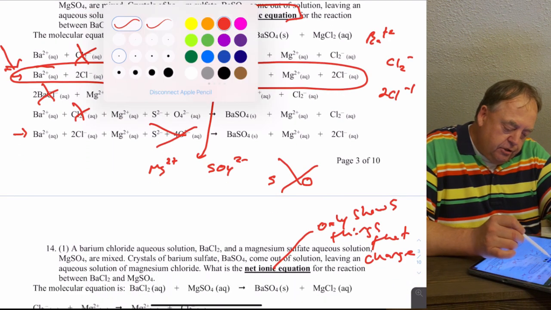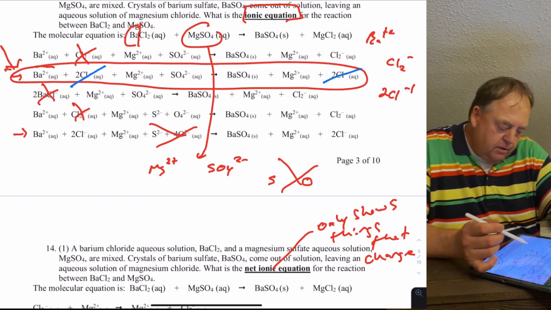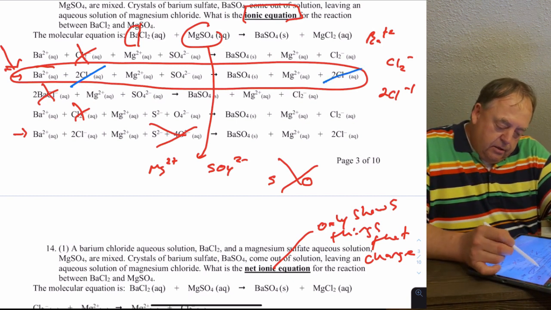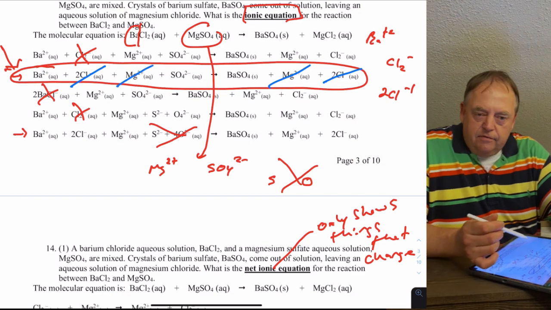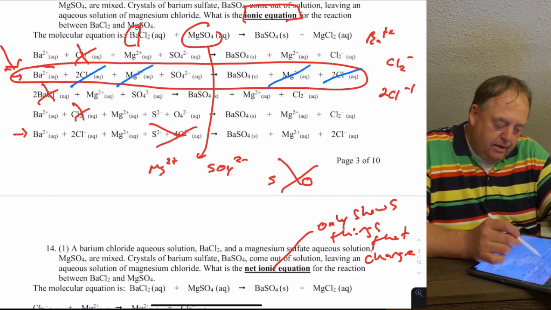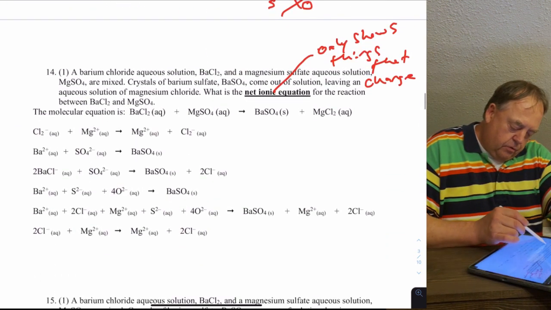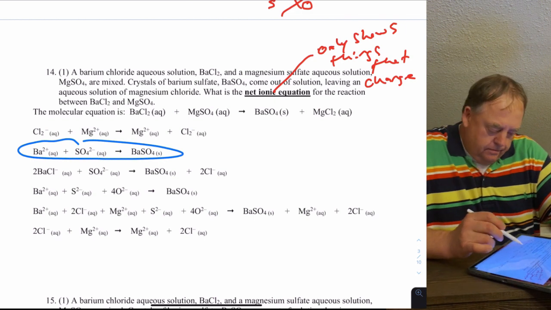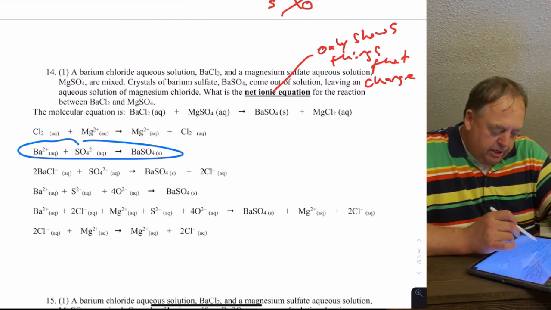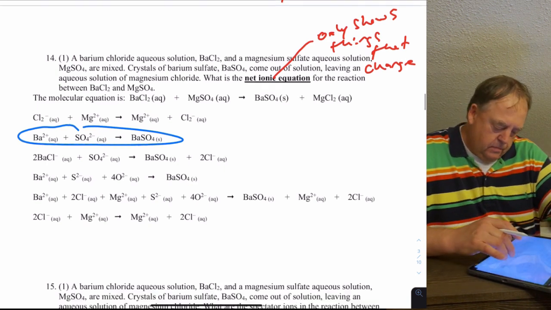Well, what did not change? Cl minus did not change. 2 Cl minus on the left and the right. And a magnesium 2+ on the left and the right of the arrow, so you can cancel those out. Barium changed and sulfate changed. All right, so that would be the net ionic equation. So barium and sulfate changed because they came together to make a solid compound.